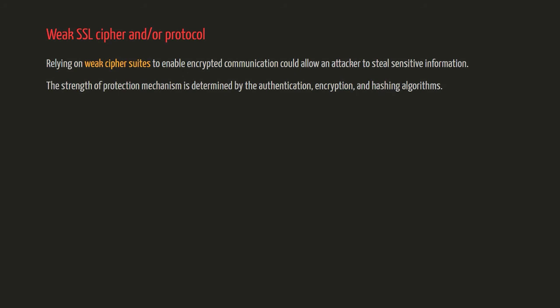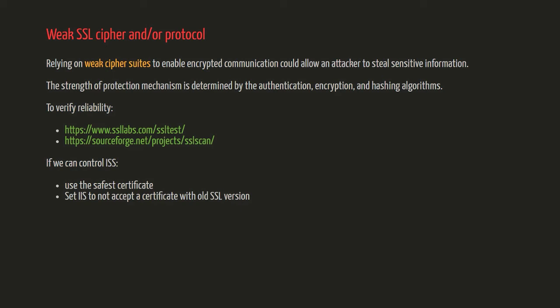The strength of protection mechanism is determined by the authentication, encryption, and hashing algorithms, collectively known as a cipher suite, chosen for the transmission of sensitive information over TLS channel. To verify the reliability, you can use SSLLabs site at ssllabs.com, or you can download the SSLScan application.